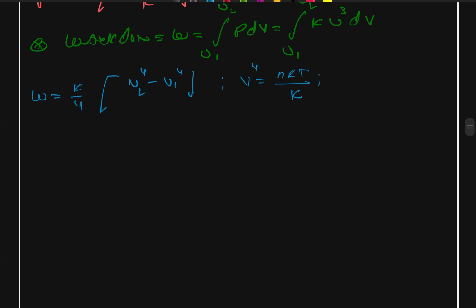So we can say our V1 raised to power 4 is equal to nR T1 upon K, and we can write our V2 raised to power 4 is equal to nR T2 upon K.